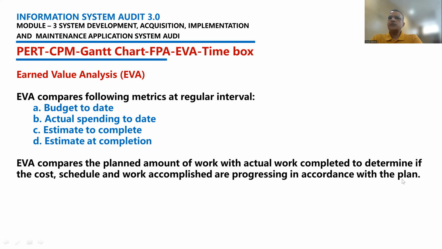So I'm very concerned with what I had thought of when I was initiating the project and how the project is moving across the timeline in terms of monetary resources. So in a way, EVA uses metrics at regular intervals to compare the resources that are being consumed with what was planned and what is actually completed.